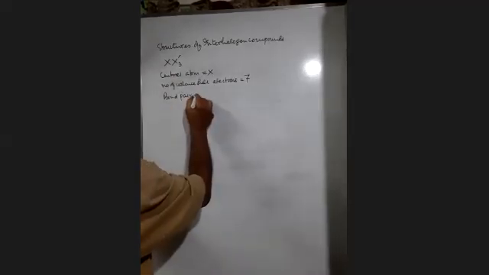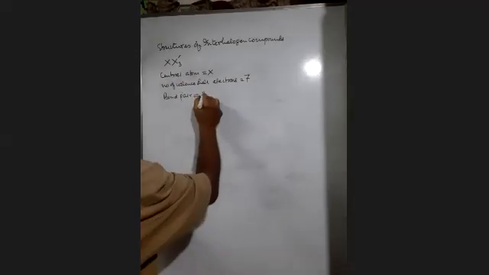In a covalent bond, bonds are formed by sharing of electrons. Each bond contains 2 electrons. Out of that, 1 electron belongs to this atom and 1 electron belongs to the other. So in that case, how many bond pairs does it have? 3.